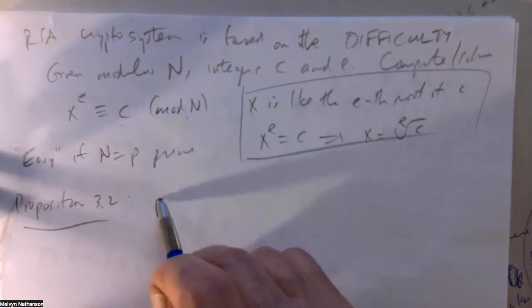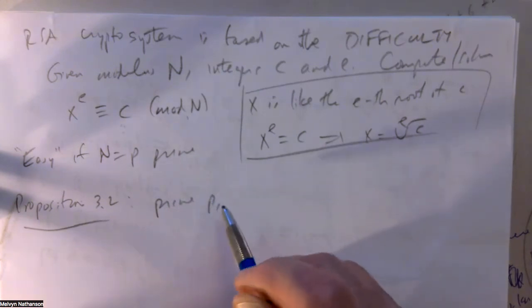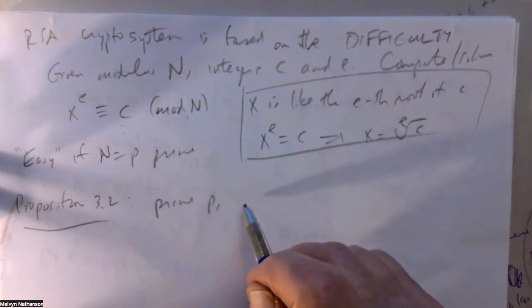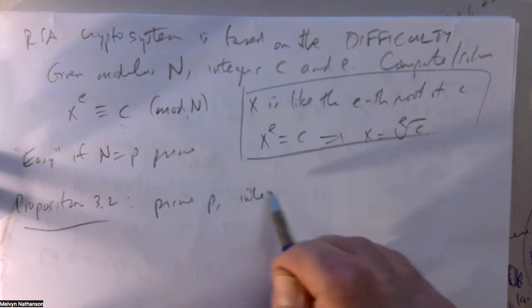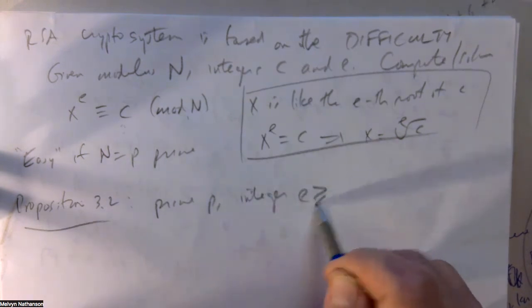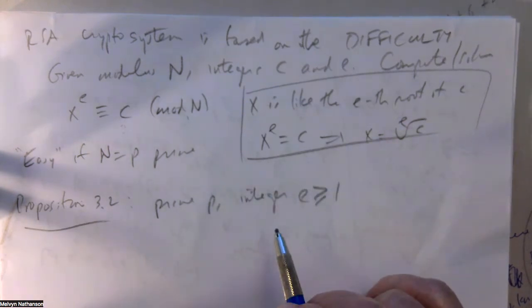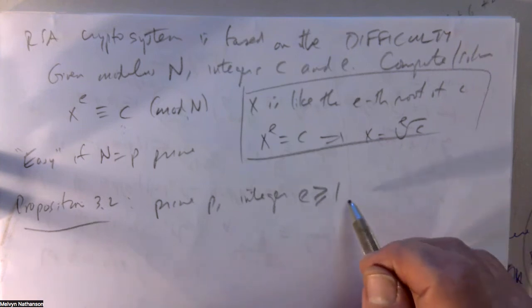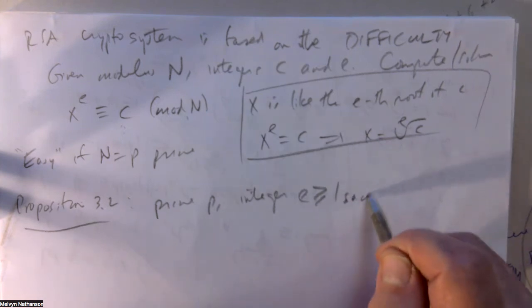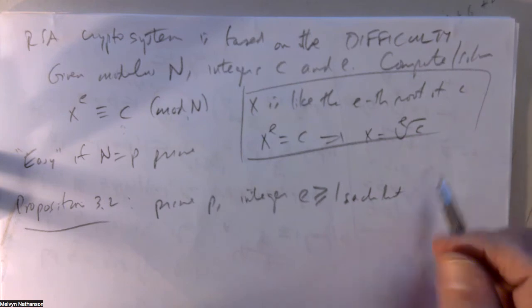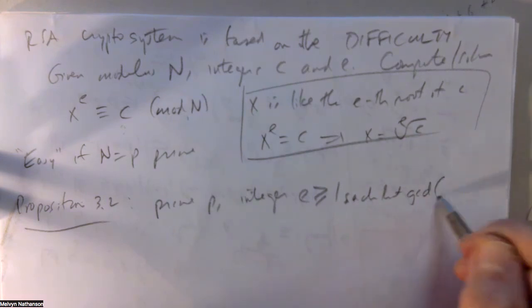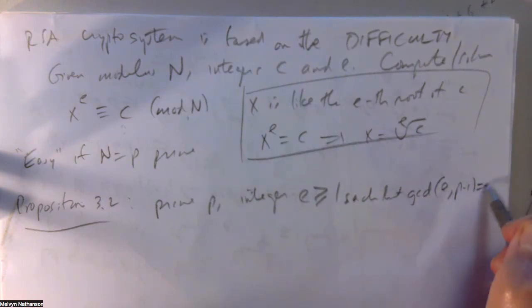So we start with a prime number p, a positive integer e greater than or equal to 1, such that the greatest common divisor of e and p minus 1 is 1.